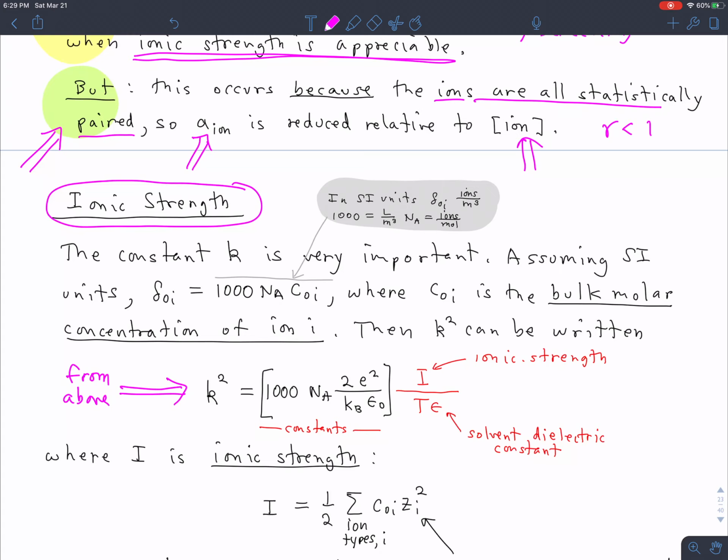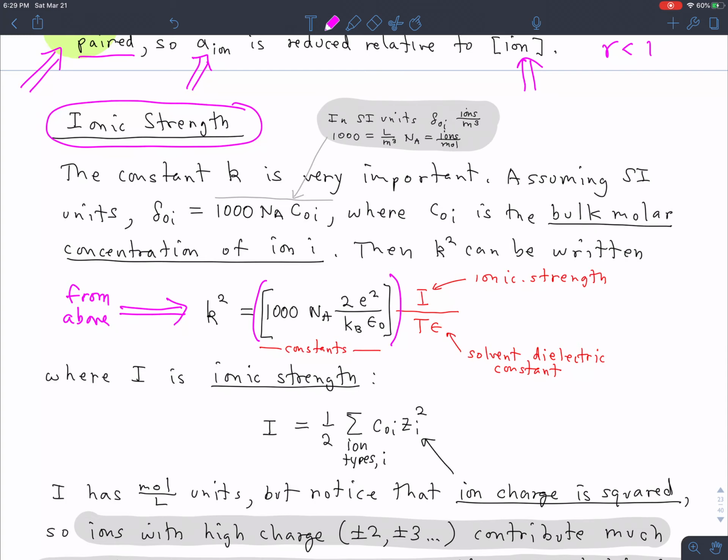I've rewritten it a little bit to make it easier to work with, but the main point is that all this stuff here is just fundamental constants. It's always the same in every situation and doesn't change, so we might as well compute those once and for all and leave it. The stuff that varies from one situation to another is this quantity called the ionic strength, the temperature, and the dielectric constant of whatever solvent you happen to be working in.